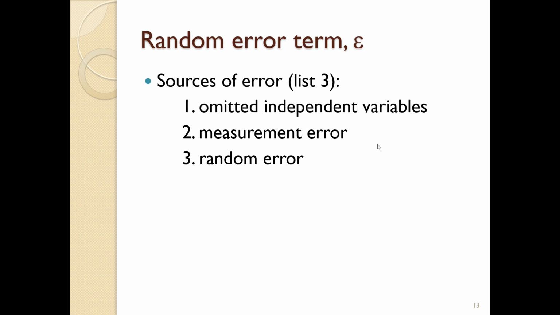If they're a legitimate independent variable, they don't just disappear. If it's not felt in the model with the slopes, it's going to show up in the error calculation. So the big source of error is omitted independent variables.